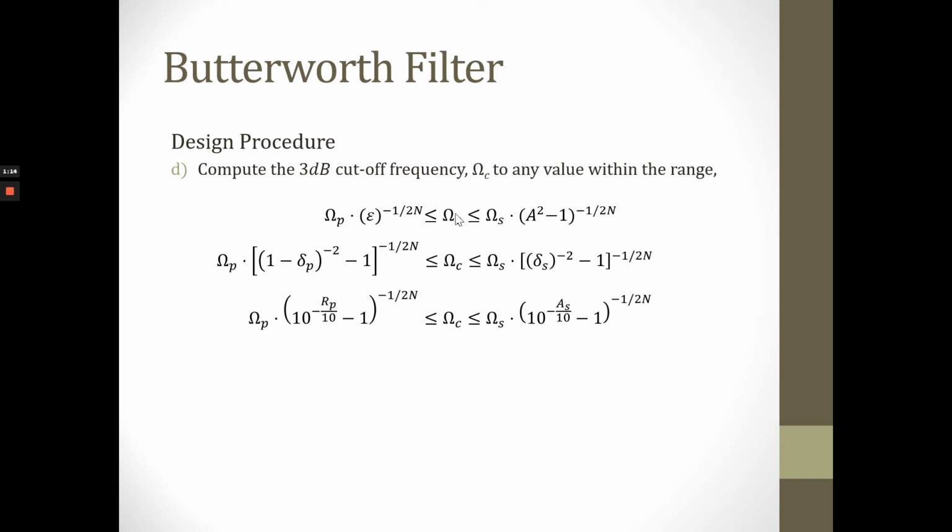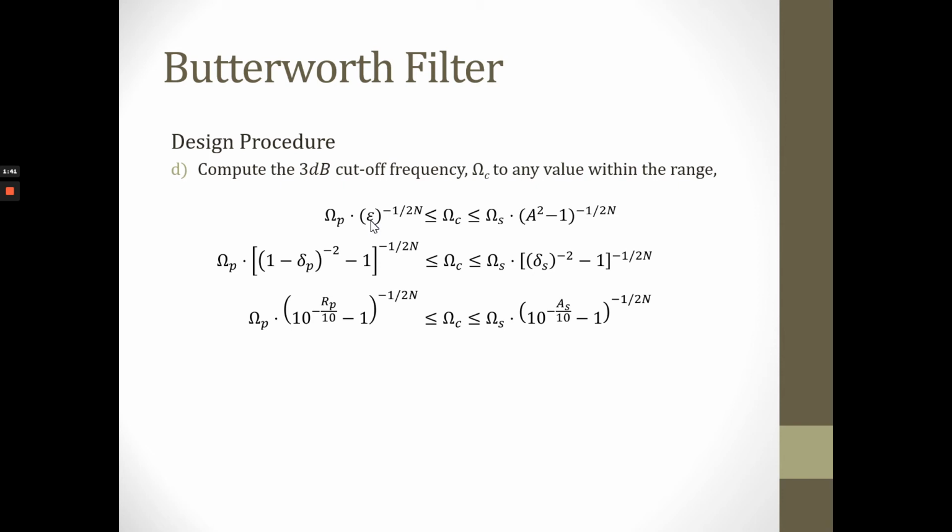So omega c is larger than or equal to omega p, the passband omega, multiplied with epsilon to the power of -1 divided by 2N, and also omega c is smaller than or equal to omega s, the stopband omega, multiplied with a squared minus 1 to the power of -1 divided by 2N.